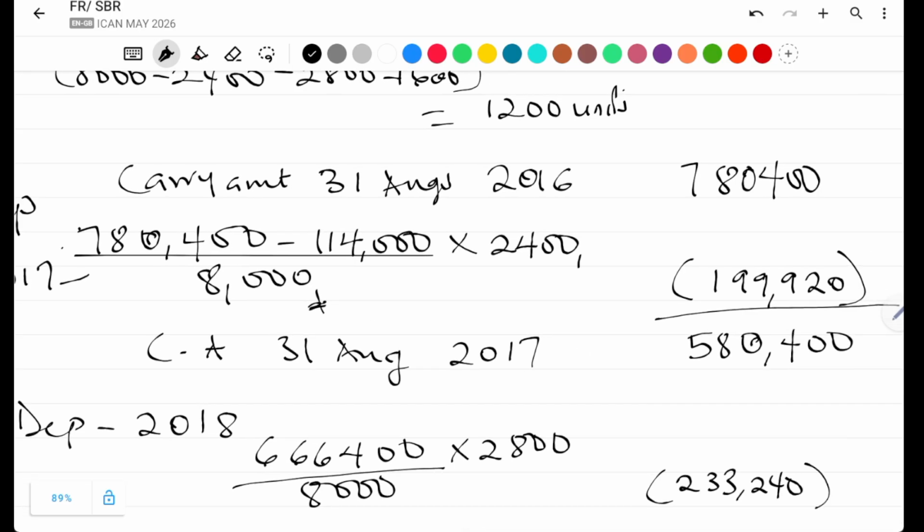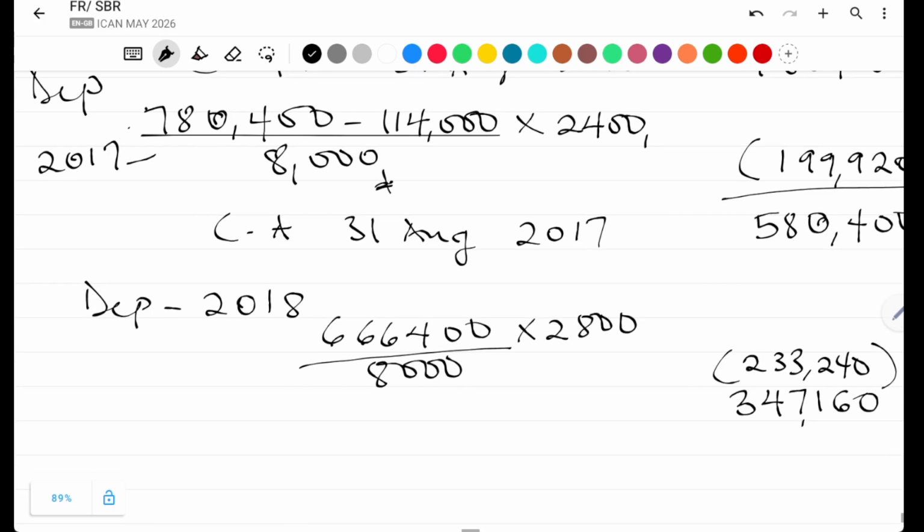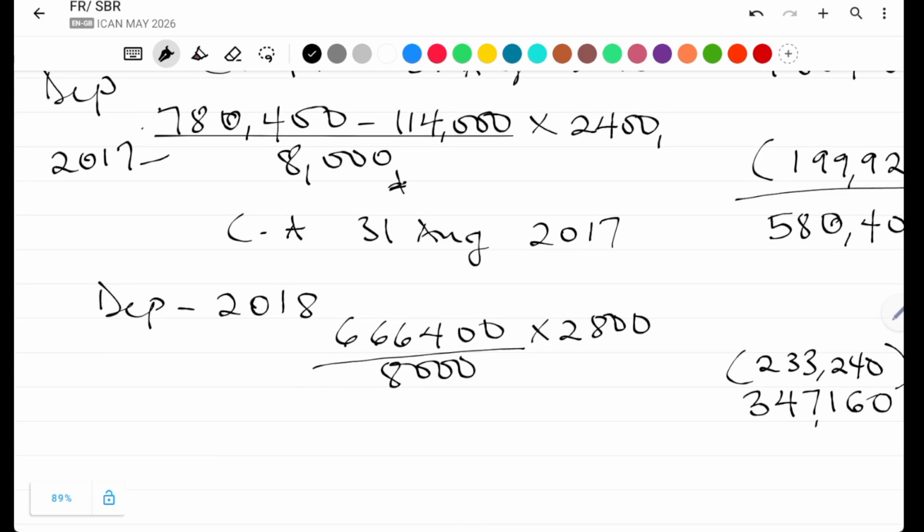So you take that from the cost of the asset. So what you have is 347,160. This becomes the carrying amount 31st of August 2018.